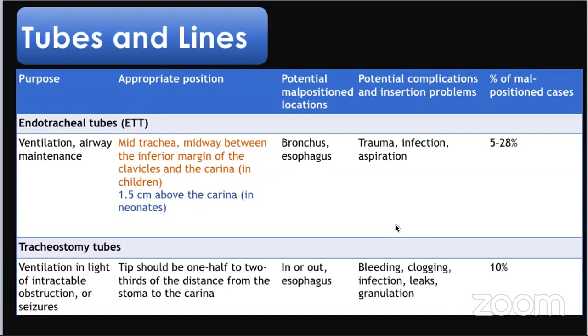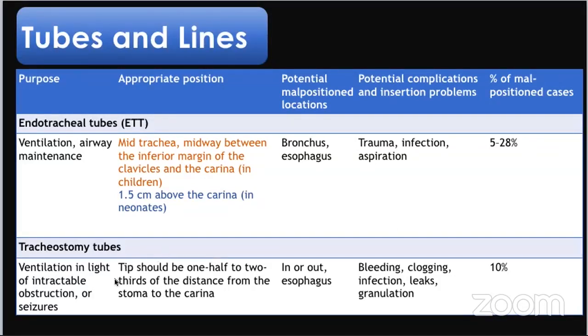It's about 1 vertebra and a half. The malpositions could be in the bronchus, could be in the esophagus as well. The complication may be trauma, infection and aspiration. The percentage of the malposition is 5 to 28%.